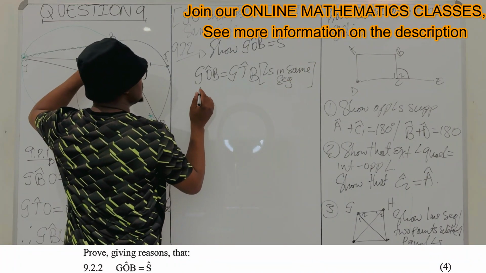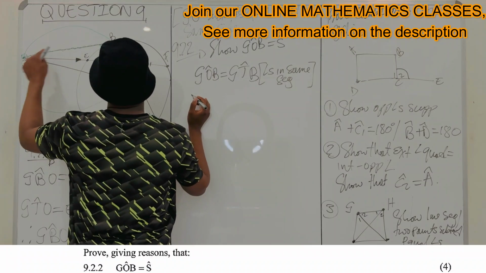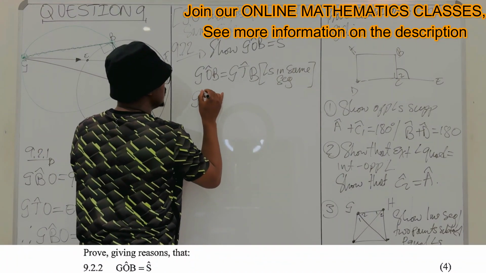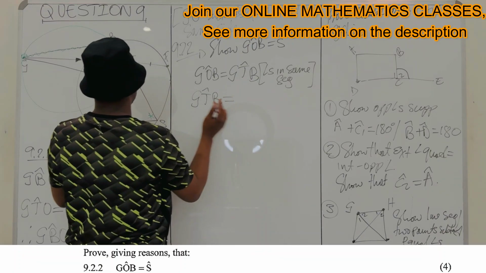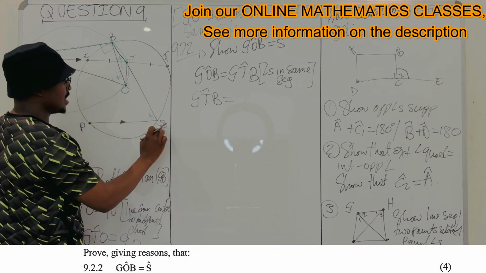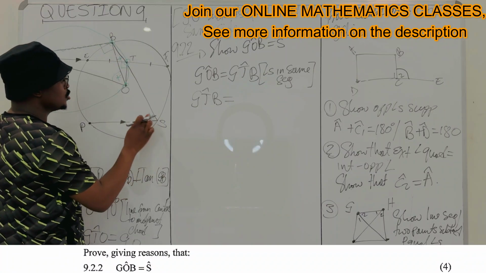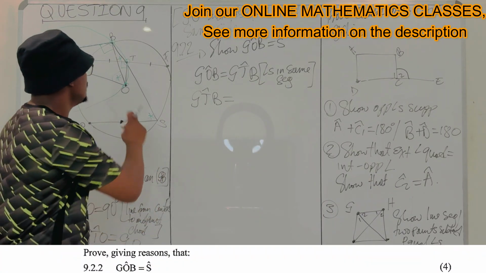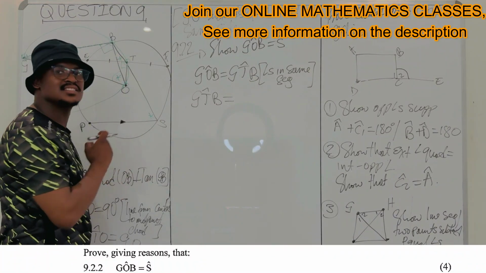But look now, this angle here, GTB, is equal to this angle here because you have two parallel lines, right? And they're intersected by a common line. So these angles are sitting in the same position in relation to the parallel lines and the transversal.